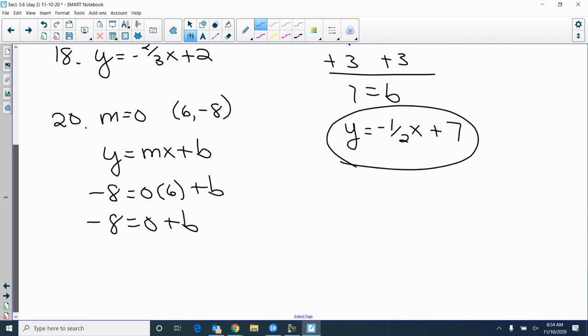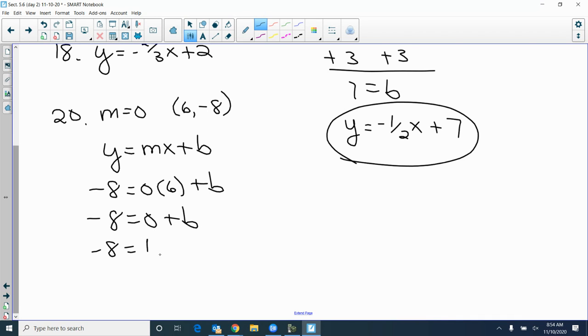Well, 0 plus b, you can just make this -8 equals b. So technically, it's y equals mx plus b. What does it tell us our slope is? 0. So you have to say y equals 0x minus 8. That's one way to write it, but what's 0 times x really equal to?